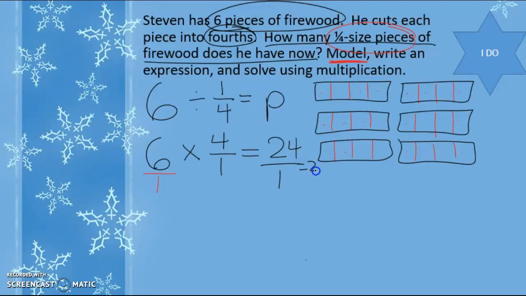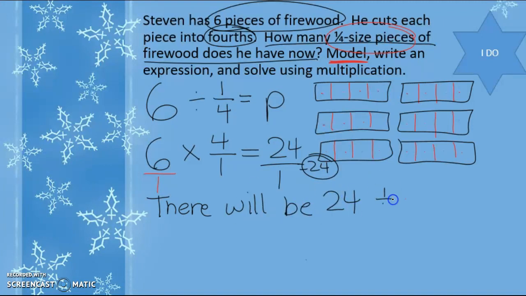So we don't really have to put the 24 over. We know it's a whole number because they're asking us how many 1/4 size pieces will there be. So there will be 24 1/4 size pieces.